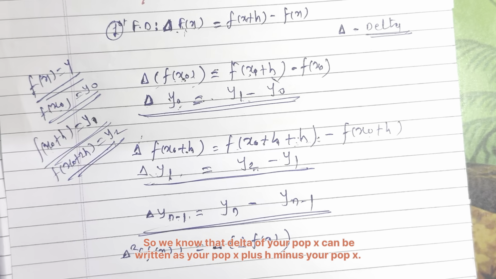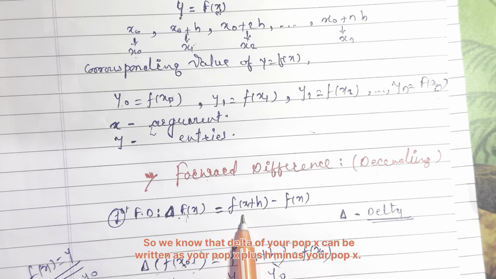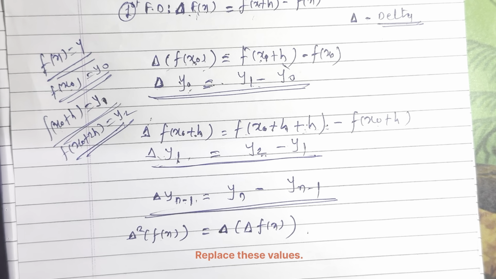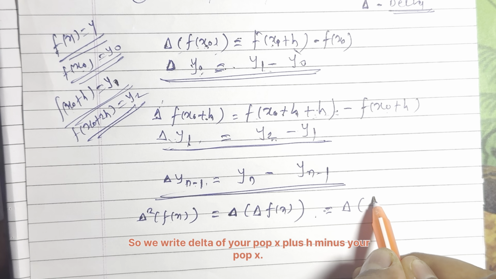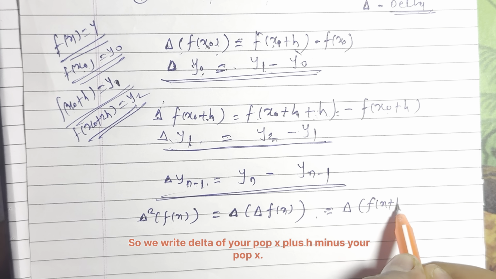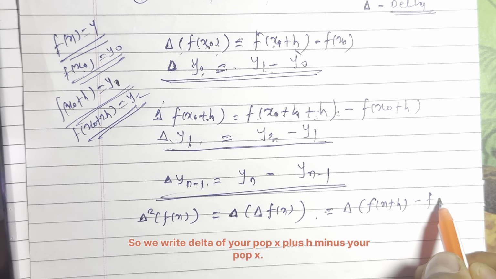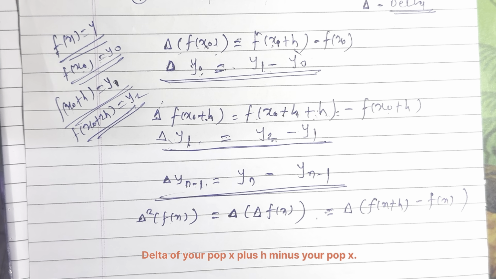So we know that delta of f of x can be written as f of x plus h minus f of x. Replace these values.